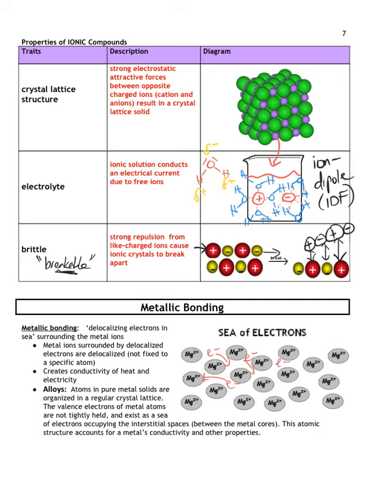And for every one magnesium, there's 2 electrons. Remember, magnesium has 2 valence electrons. So they're moving about. This is how I show delocalized electrons. The electrons moving with arrows about this whole structure.